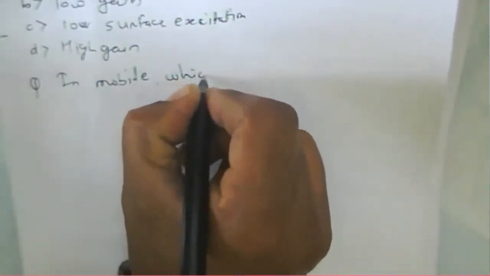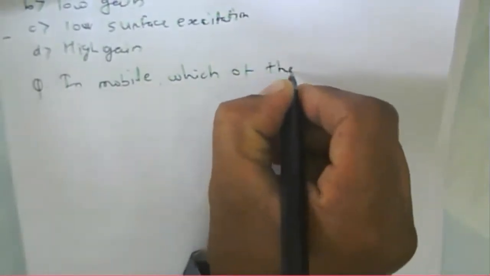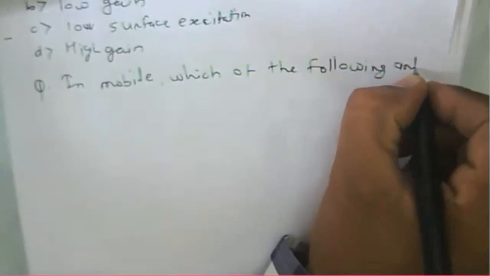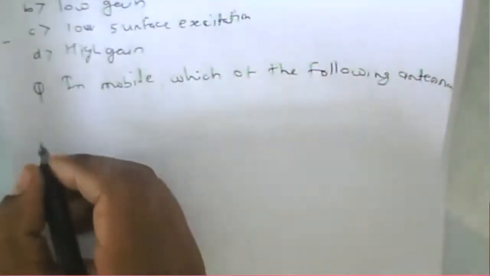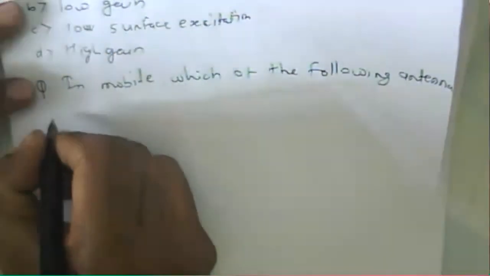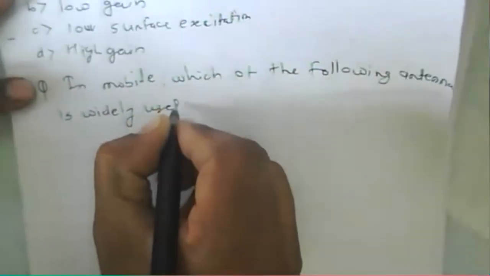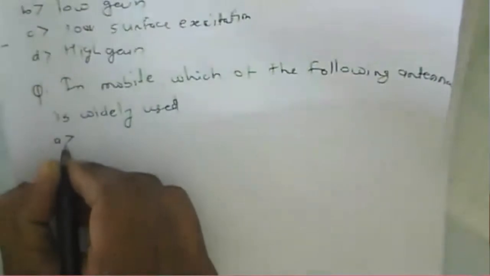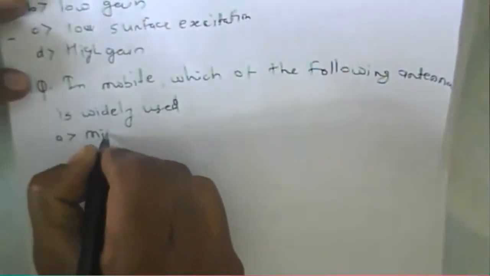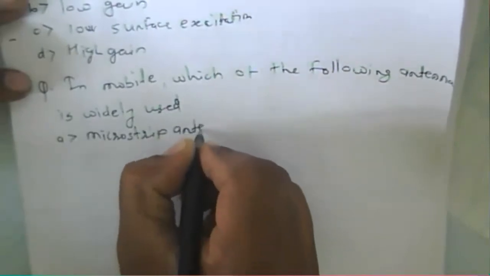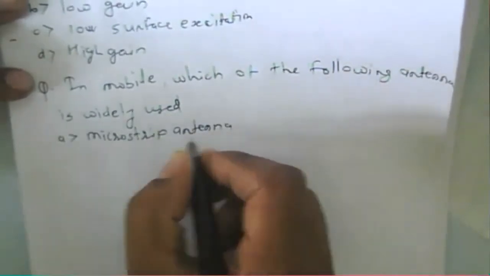The next, in mobile, which of the following antenna is widely used? A, microstrip antenna.